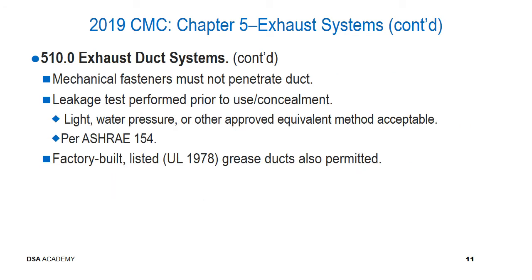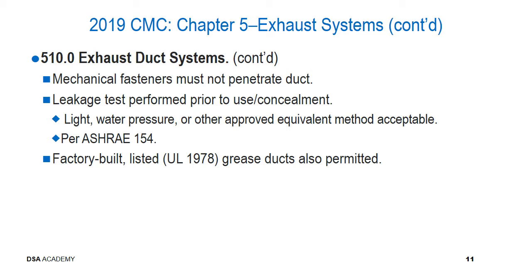No mechanical fasteners are permitted to penetrate these ducts, and leakage tests are required to be performed prior to them being covered up or used. And these leakage tests can include using light as a test method, using water pressure, or also using another approved equivalent method.